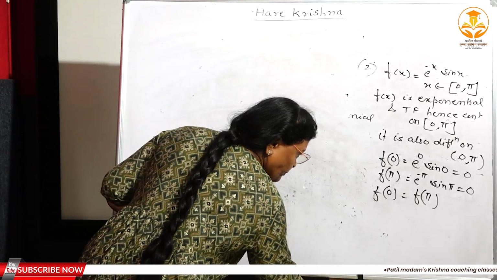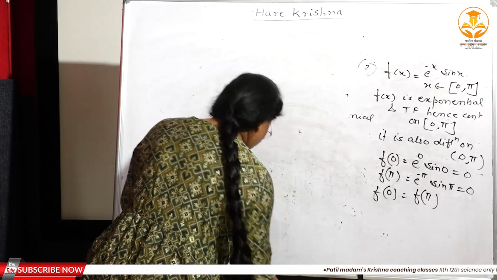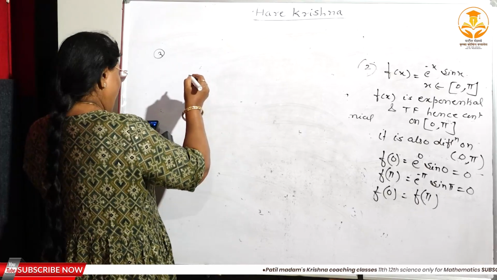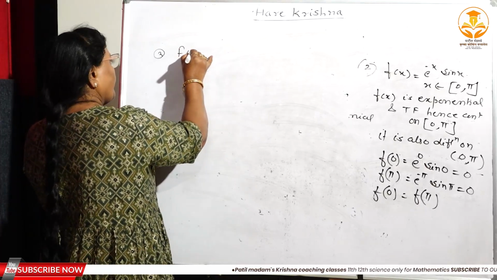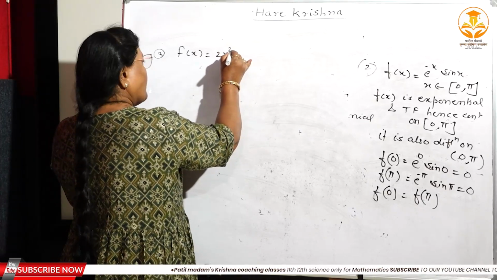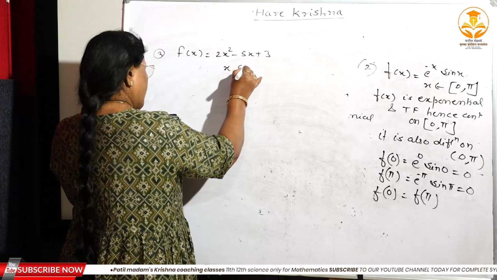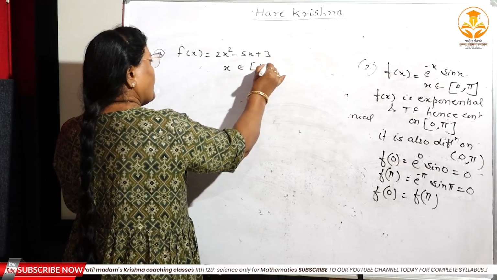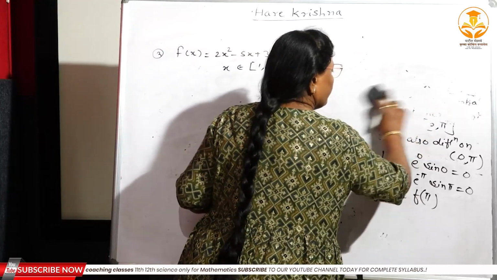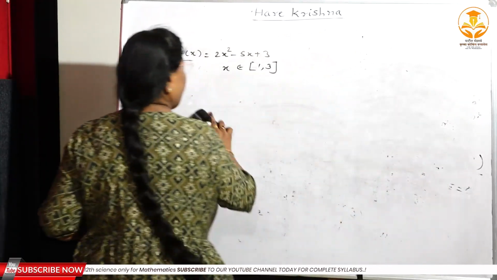Again, see another one, the third: f of x is equal to 2x square minus 5x plus 3, x belongs to [1, 3]. Very simple. This is a polynomial, or you can say a quadratic function.